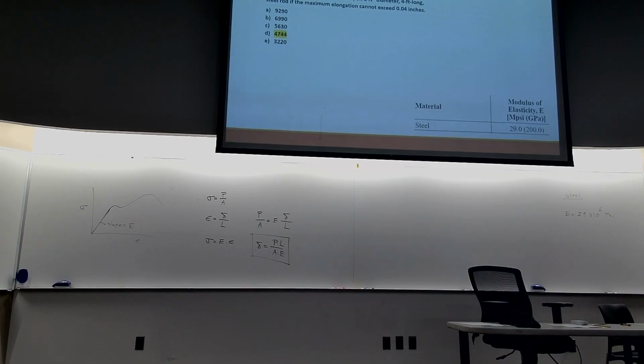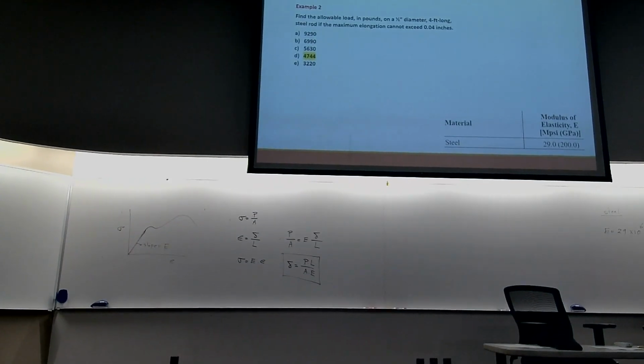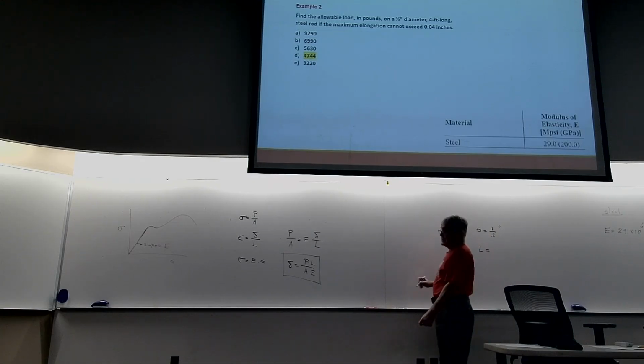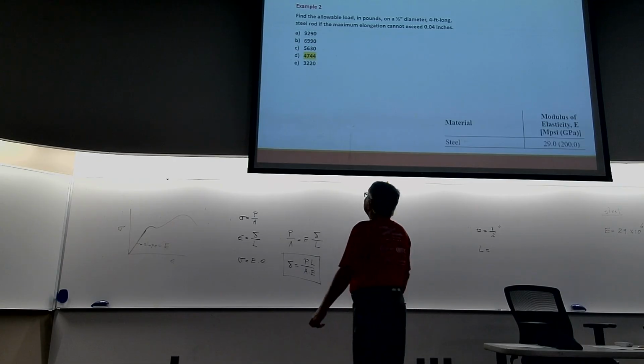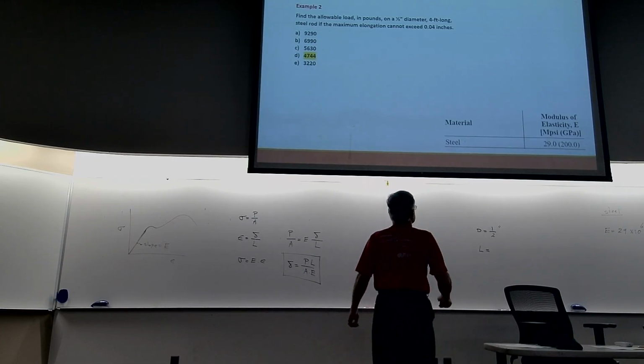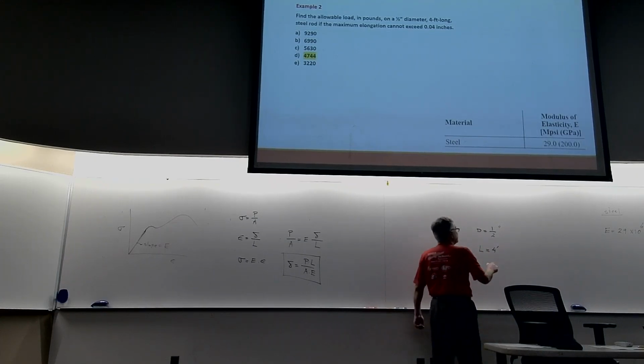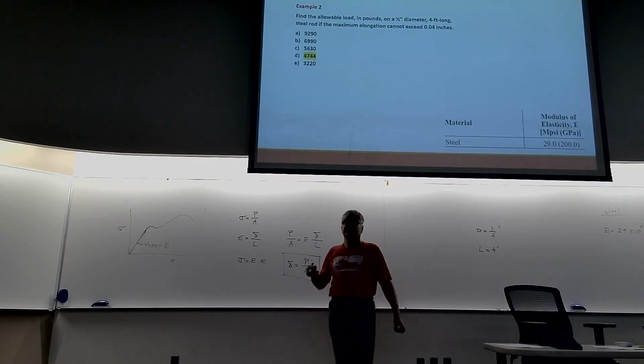Here's a very simple example in which we are asked to find the force P for which a steel rod with the dimensions shown here, which are diameter of 1/2 inch and length of 4 feet, We use a single prime for feet and a double prime for inches.